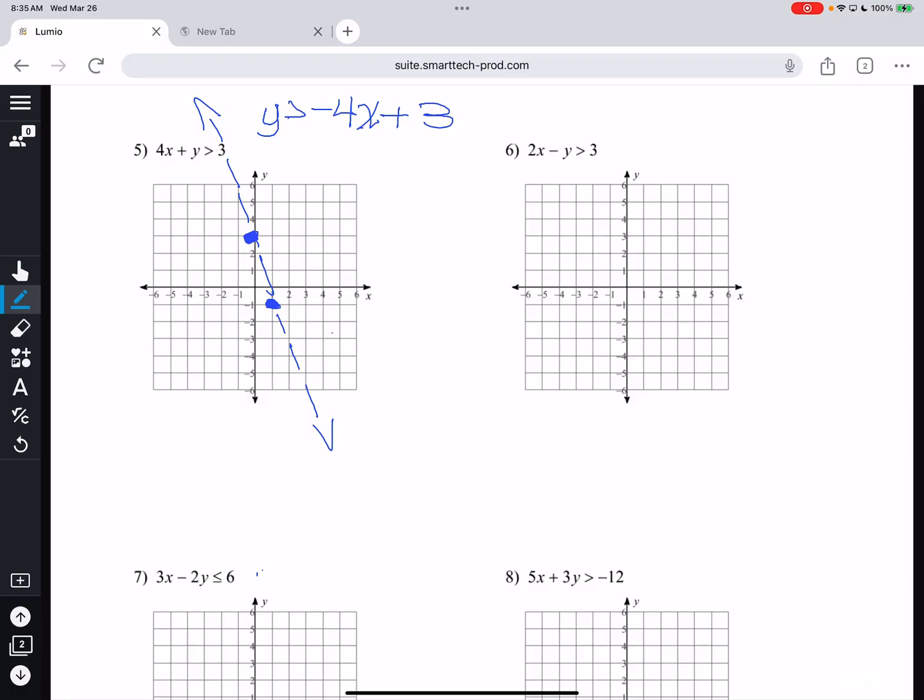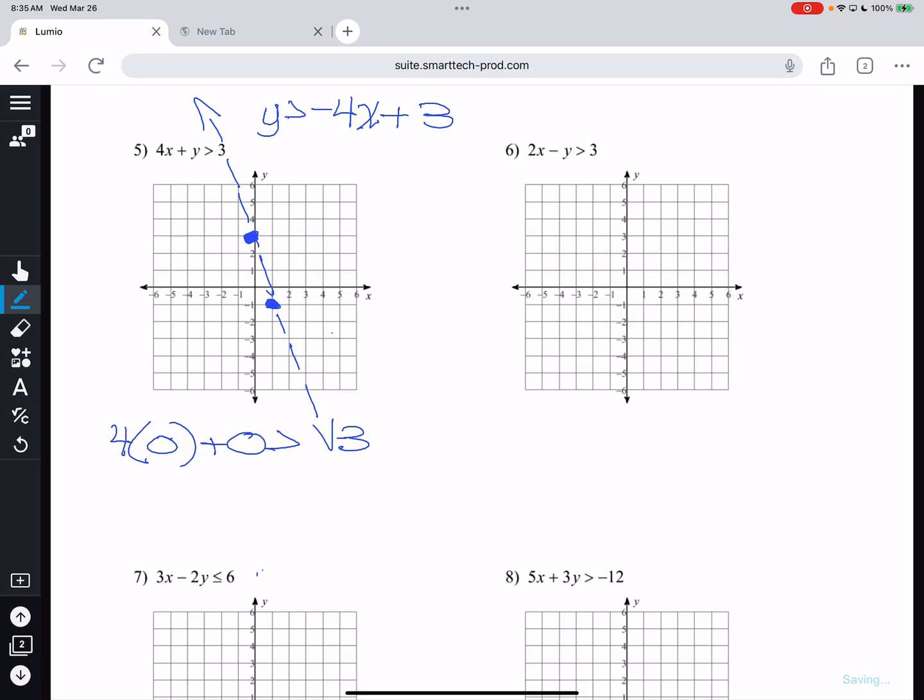Just to make a comment, above is always greater than, below is less than. If you're looking at it and you're going, okay, how do I figure out above and below? You can take 0, 0, because that's always an easy ordered pair, and plug that in. So we're going to replace the x and the y with 0. So 4 times 0 plus 0 is greater than 3.